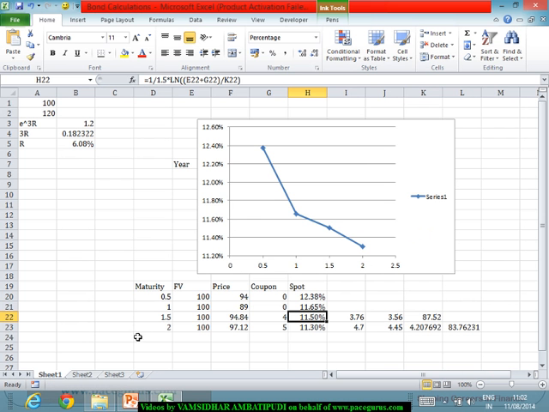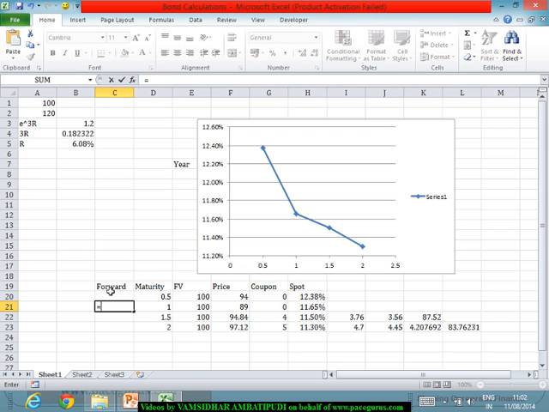So, if I want to know the forward rate given the spot rates, between 0.5 and 1 year here, I'll take R2 T2, the maturity period, minus R1 T1, divided by T2 minus T1, 1 minus 0.5.